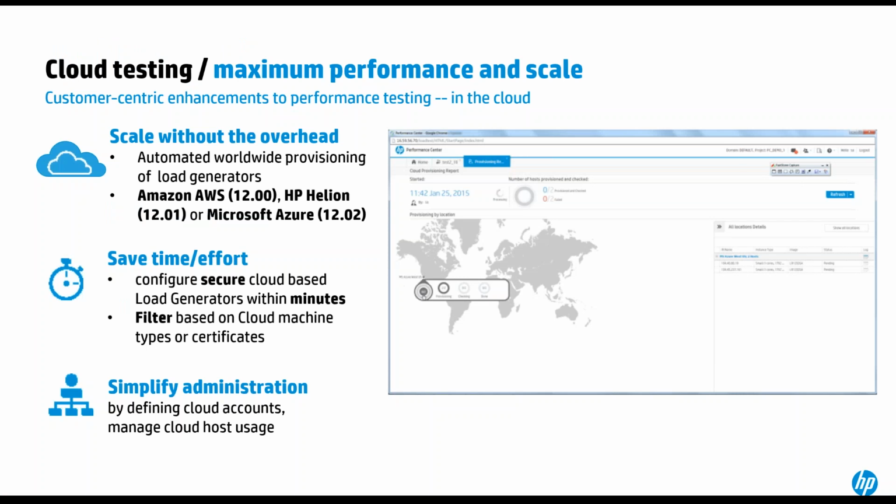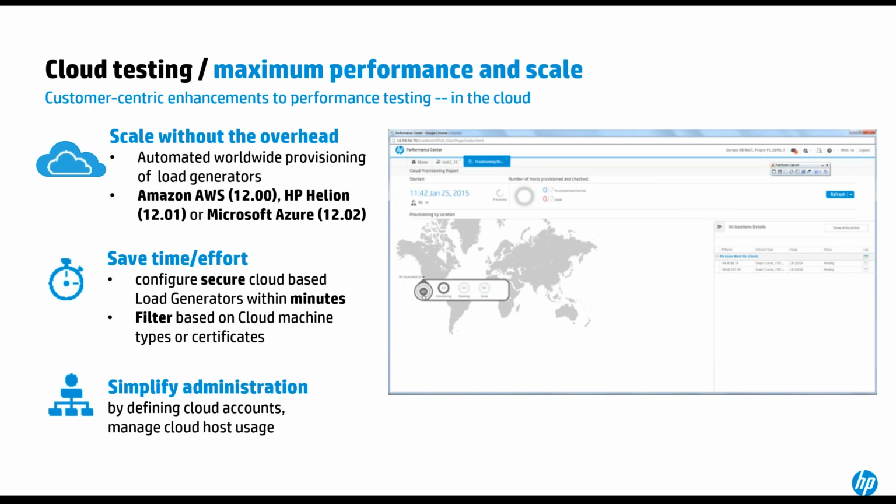Now, Azure doesn't yet support the concept of these public images for spinning up load generators on demand, but this is something that we've provided detailed instructions for you on in both the documentation as well as the LoadRunner Performance Center blog.